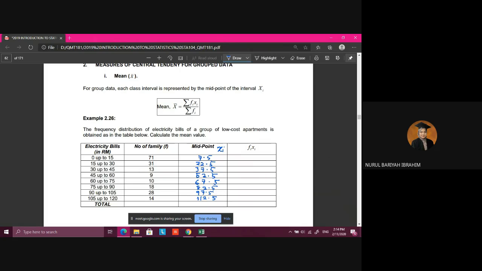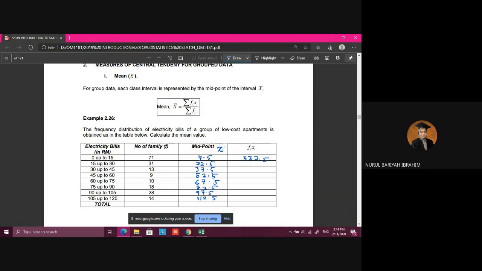We need this column to calculate the value of f multiply dengan x. So these two columns should be multiplied first to create this column, and then you total up untuk dapatkan value yang atas. Okay, so the first row, 71 multiply 7.5, you will get here 532.5.